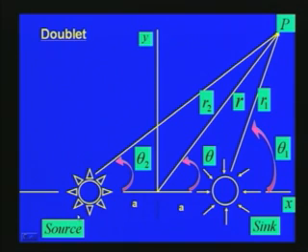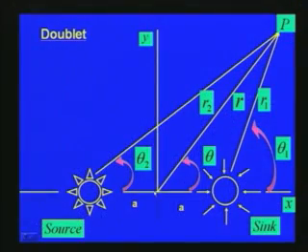Since the source and sink are of equal strength and opposite in nature, a doublet is formed when this distance a tends to 0 and they come very close, that means the source and sink come to the same point at the origin. Then we say that a doublet is formed.